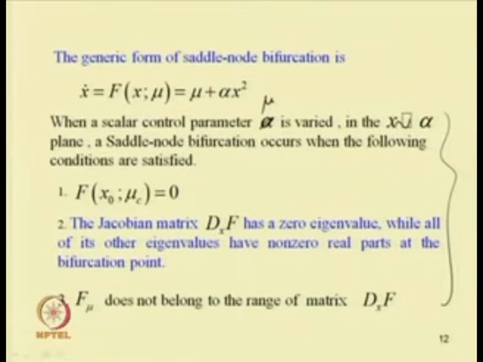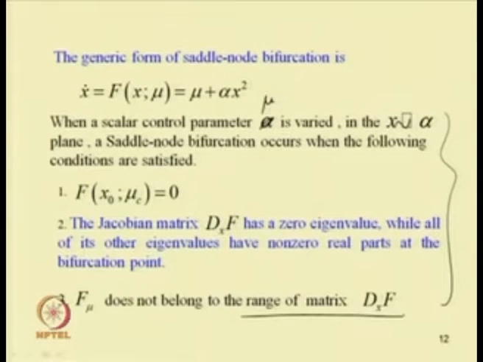Also, the Jacobian matrix has a 0 eigenvalue, while all of its other eigenvalues have non-zero real parts at the bifurcation point, and this f mu does not belong to the range. So, one has to note this point: f mu does not belong to the range of matrix dxf.